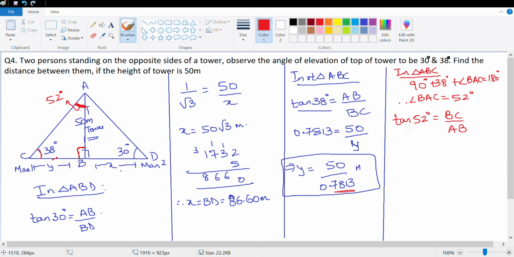Tan 52 degrees as per the log table in your textbook is 1.2799, which is equal to BC, that is Y, upon AB, which is 50. Now I have a multiplication, which for me is far easier and faster than decimal division. So Y is equal to 1.2799 into 50.